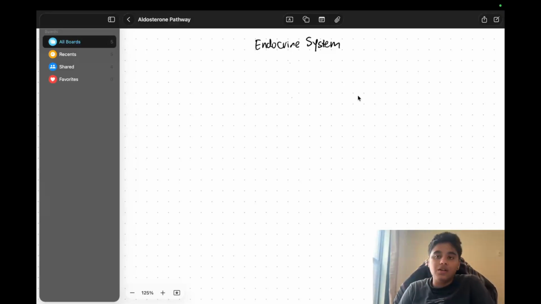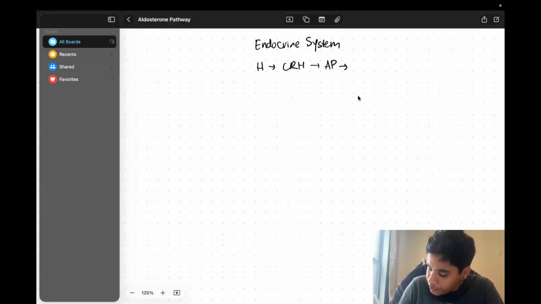The last video went about talking about the HPA axis, right? So we went from the hypothalamus releasing CRH, which caused the anterior pituitary to release ACTH, which caused the adrenal cortex to release glucocorticoids.